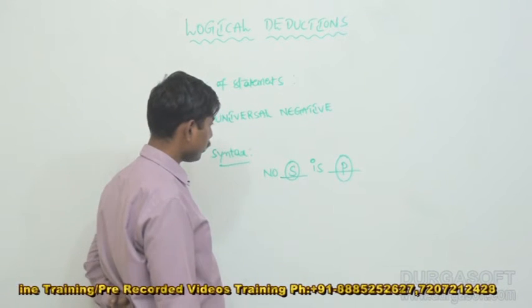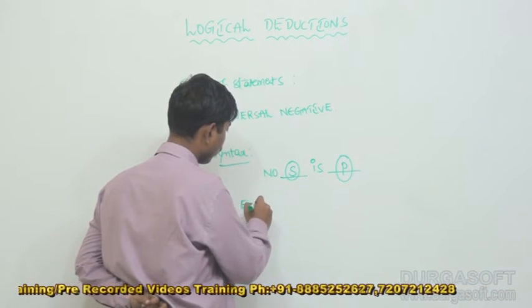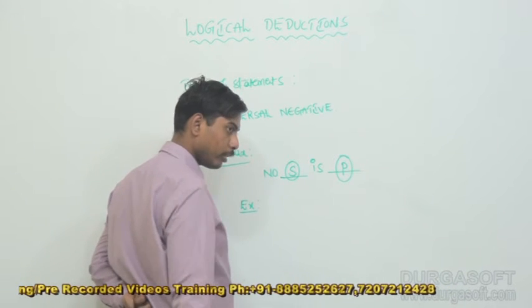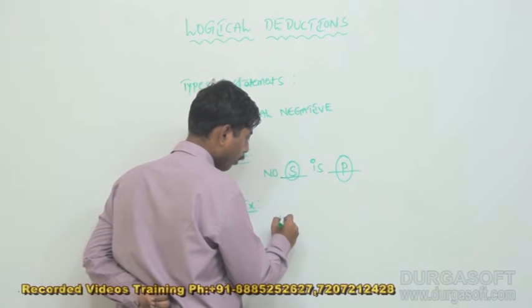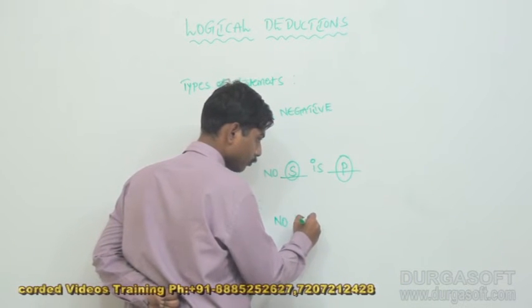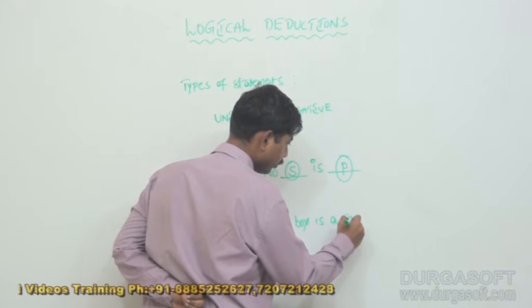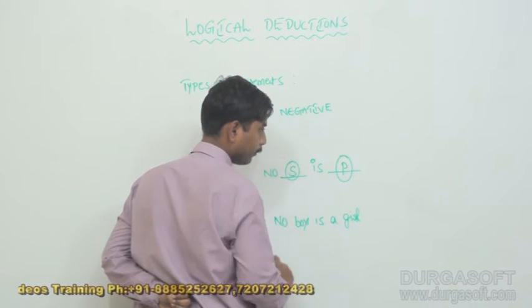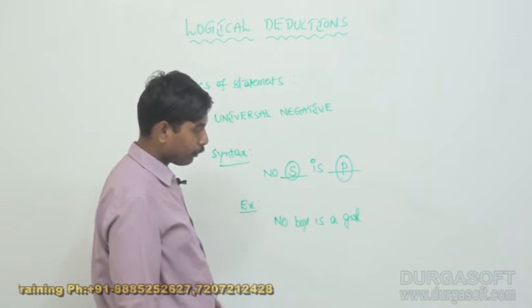Let us take an example of a universal negative statement: no boy is a girl. No boy is a girl is one kind of statement.